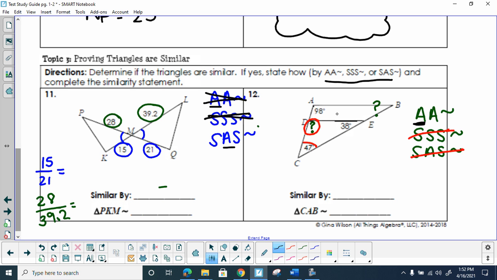So if one of these question marks turns out to be either 38 or 98, okay, you've got two that are equal, then you would have angle-angle similarity, and you would fill in the similarity statement. Okay? If you don't have anything here that's the same, then you would write not similar. Okay? So you figure out those angles and make your choice from there.